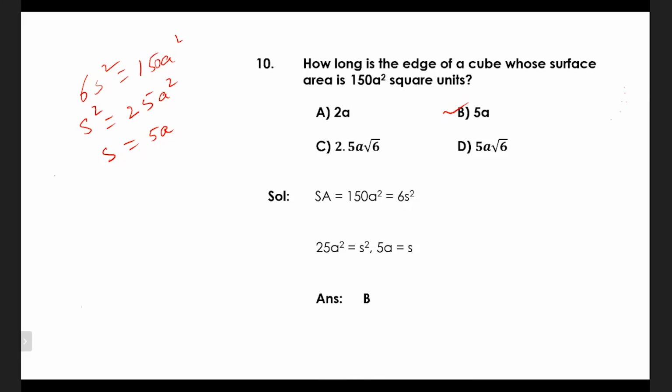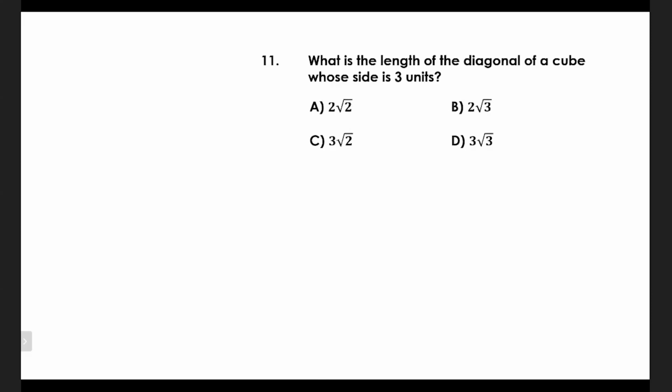Okay, let us go to the next question. What is the length of the diagonal of a cube? So the length of the diagonal of a cube is root 3 times side.